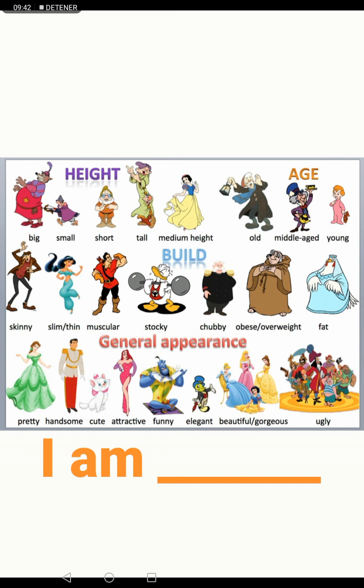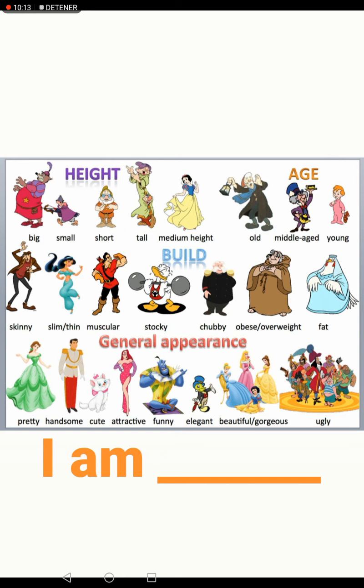Then we have, for general appearance, pretty, bonita; handsome, atractivo; cute, lindo; attractive, atractivo, too; funny, divertido; elegant, elegante; beautiful or gorgeous, hermoso, hermosa; and ugly, feo, the opposite, lo contrario.